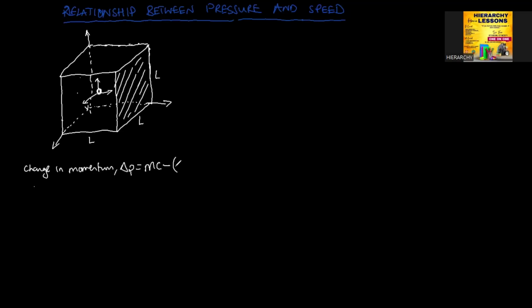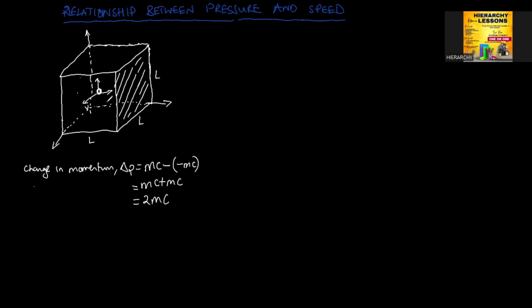The final momentum is in the negative direction, so it's minus mc. This gives us mc plus mc, which is equal to 2mc. So that's the change in momentum as it rebounds on the shaded face.